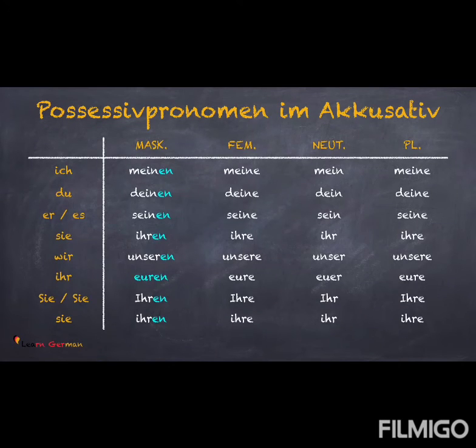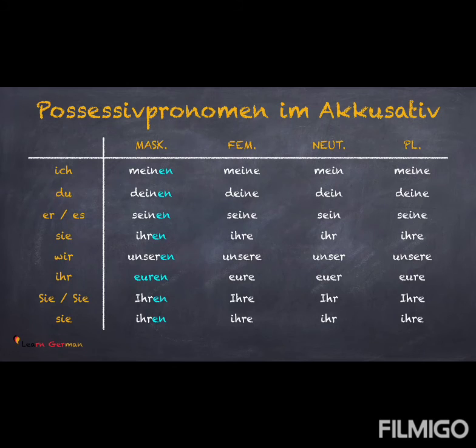Possessive pronomen im Akkusativ. Just like the articles, even possessive pronomen will change in the accusative case. As discussed before, the accusative article changes only for masculine. So even possessive pronomen change for masculine. Mein changes to meinen. Dein changes to deinen.